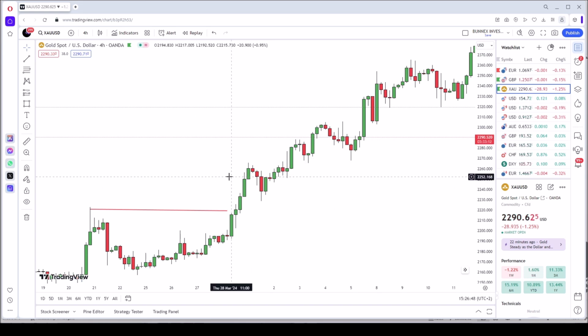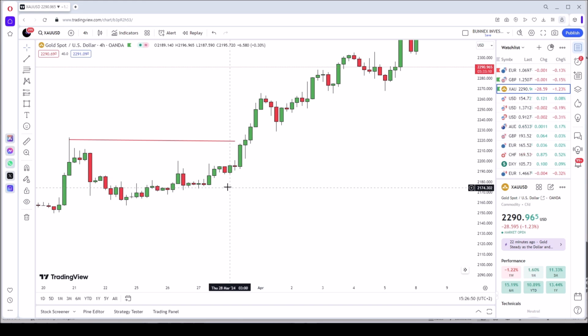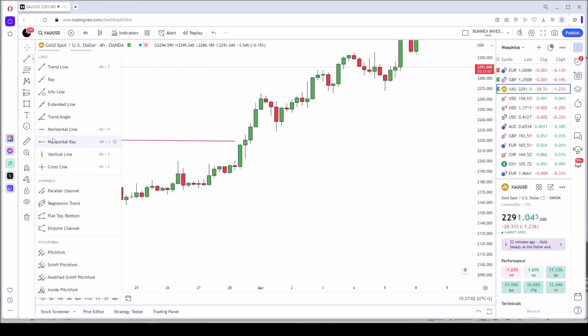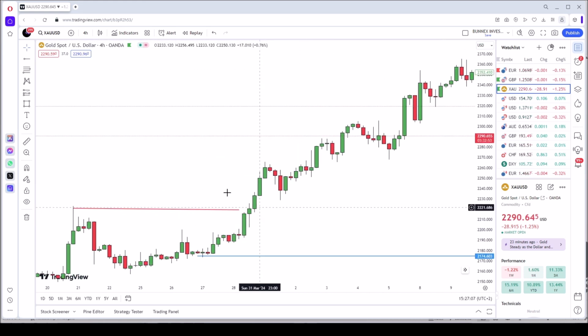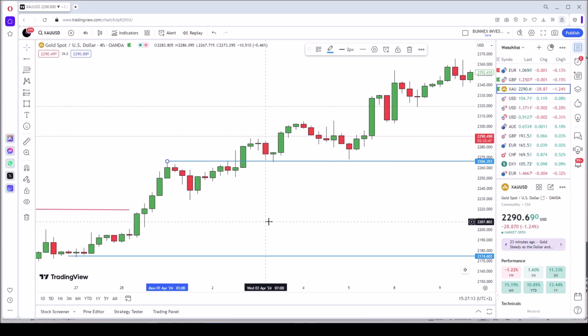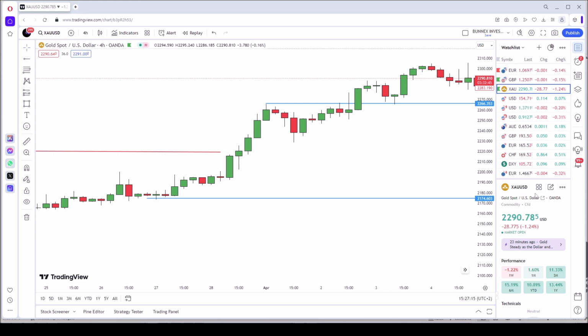After breaking structure, we start to inspect for a fair value gap from the bottom part of the move to the upper part of the move. We can see that the bottom part is this part, right? And then the upper part of the move is this part. So we need to find a fair value gap within this particular flow.